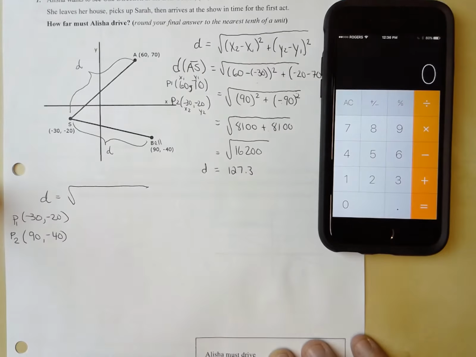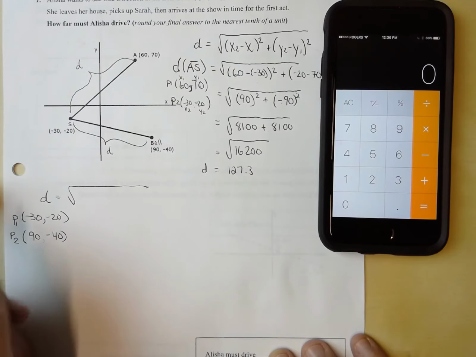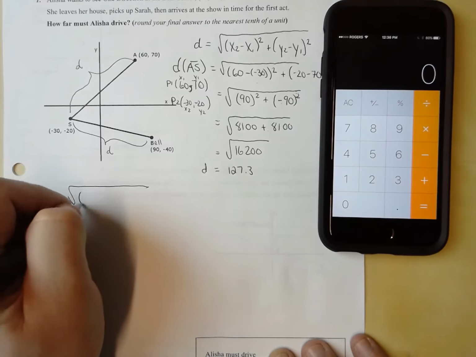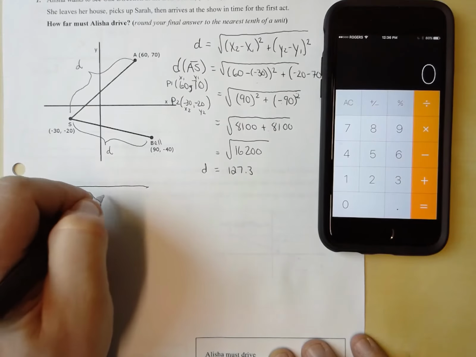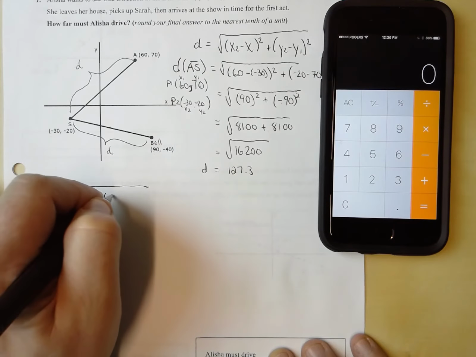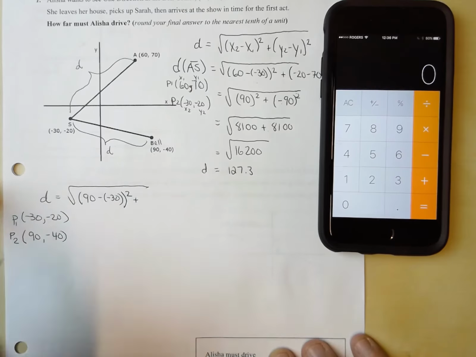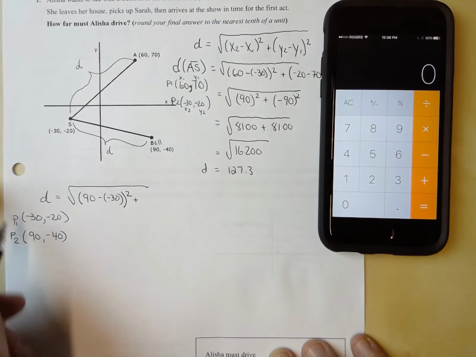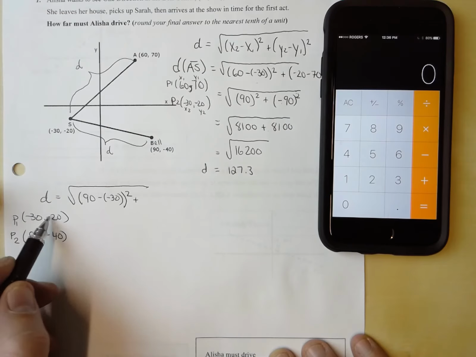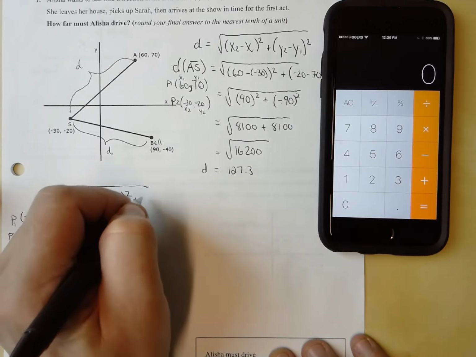Square root. So x2 minus x1, so 90 minus negative 30. So open the brackets. 90 minus negative 30. There's my double bracket. Close it. Squared plus y2 minus y1, negative 40 minus negative 20.